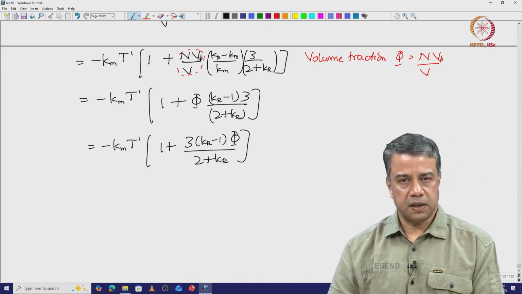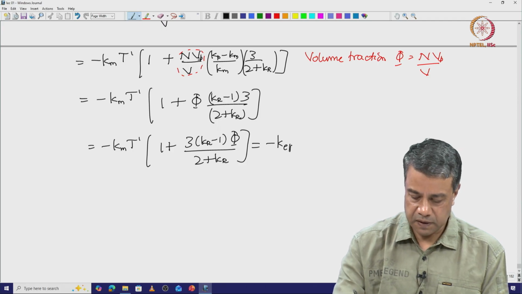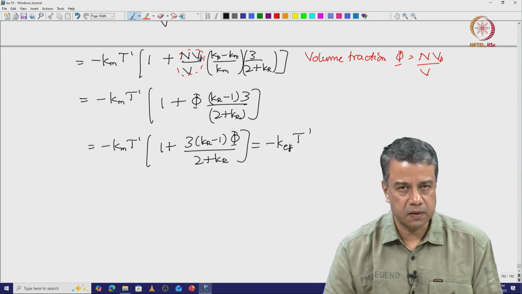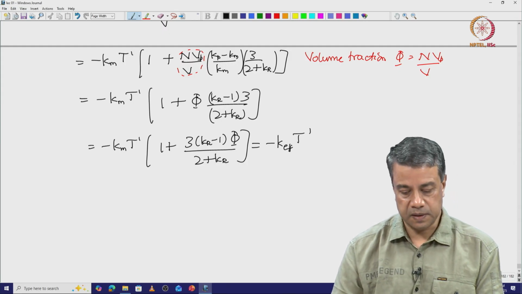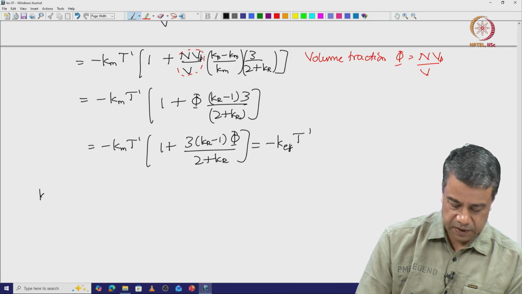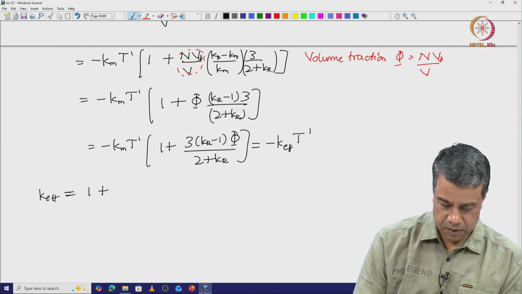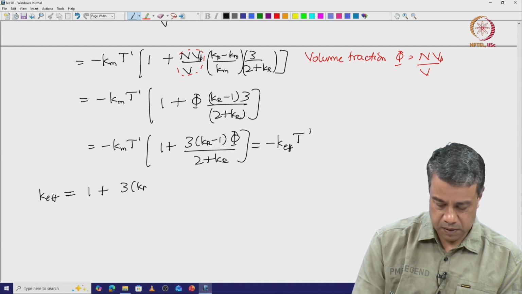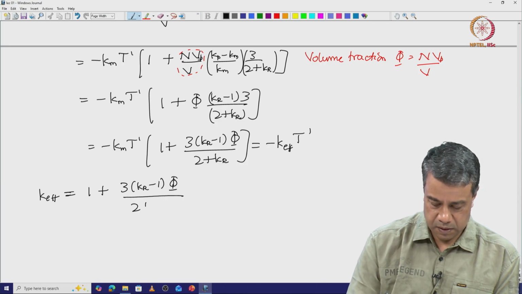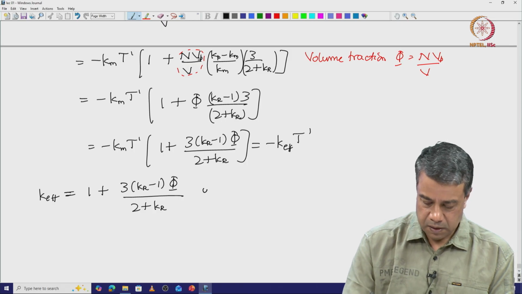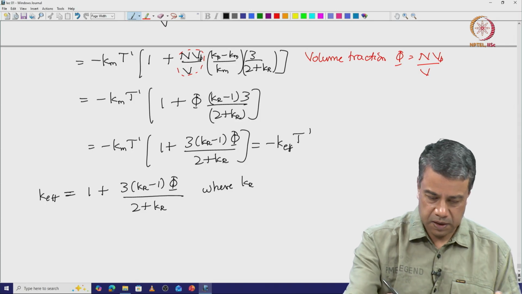We had wanted to get an effective thermal conductivity as minus K effective times T prime. This gives us the effective thermal conductivity. Sorry, I should have a Km outside.